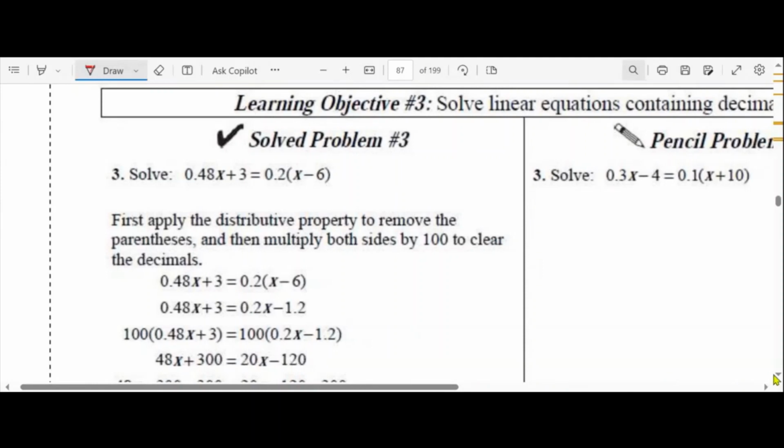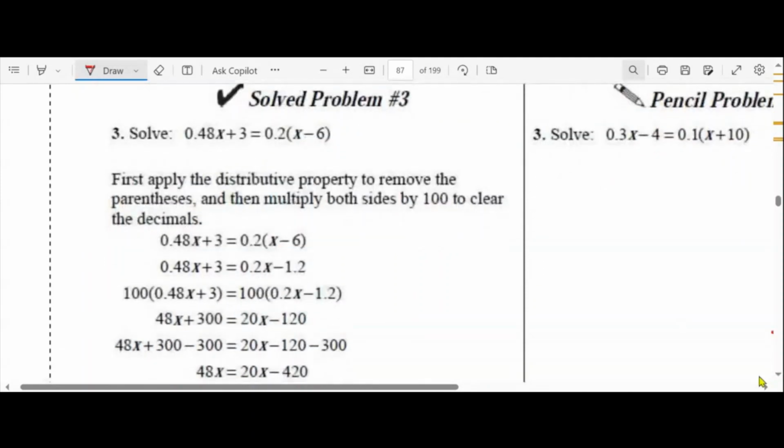Okay, let's move on to this one. Now we are dealing here with decimals, correct? You don't like decimals, correct? So what should I do? How far is the decimal here? 2, right? Tens or hundreds? Hundreds. So what should I multiply times what? Times 100.